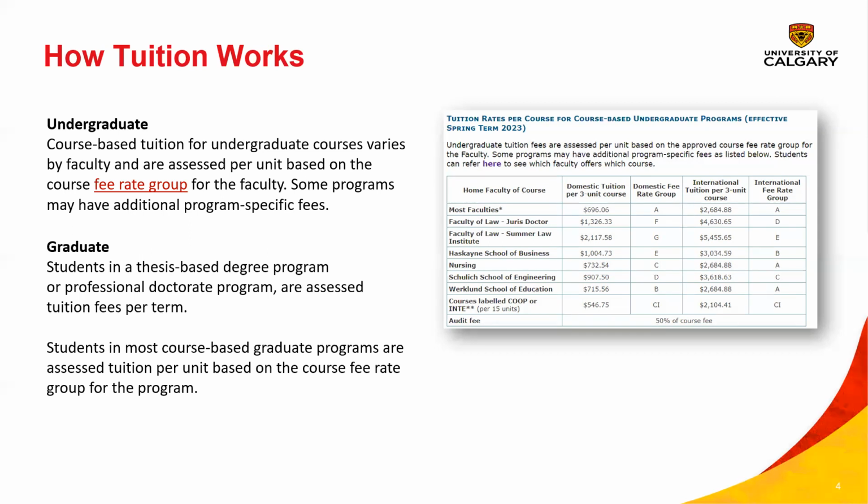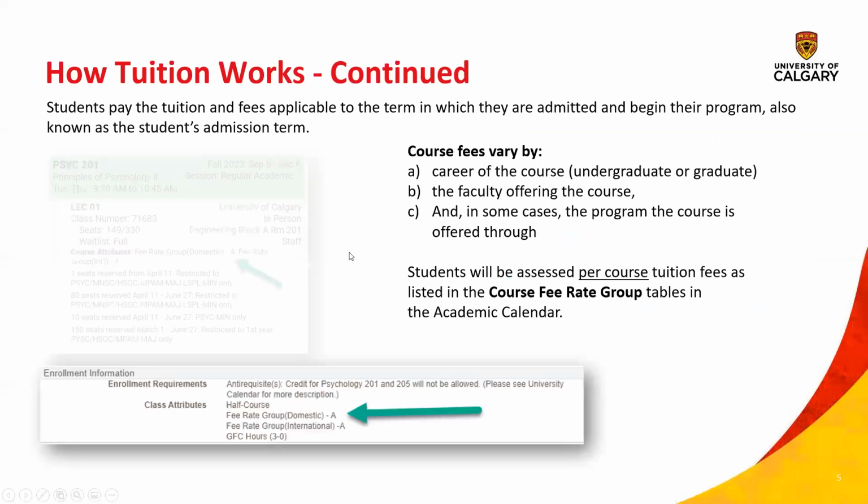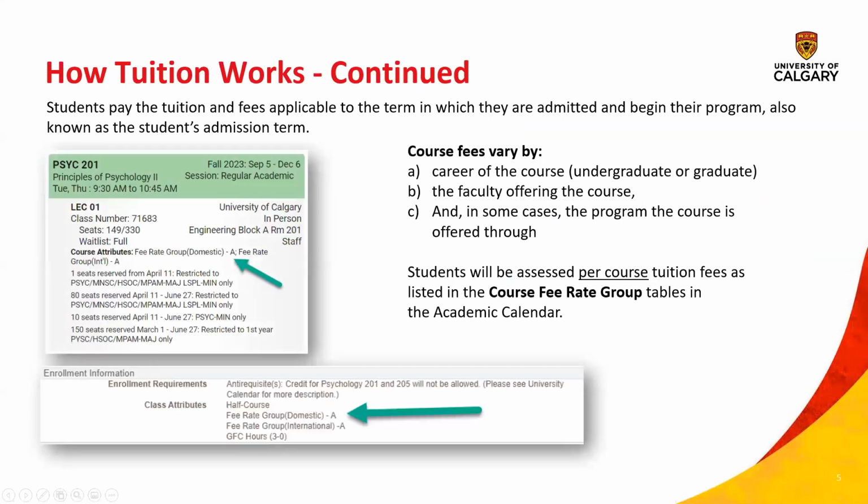Students completing thesis programs are usually assessed a set amount of tuition per term or per year. The exact fee rate group you would fall under can depend on when you started the program. Students who have been in their programs for several years may fall under a lower legacied tuition rate.